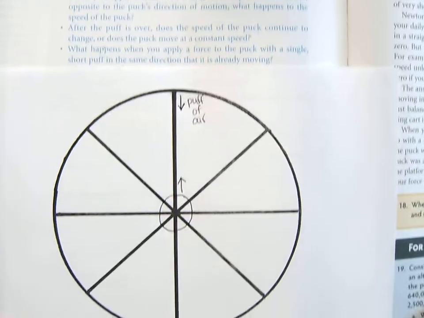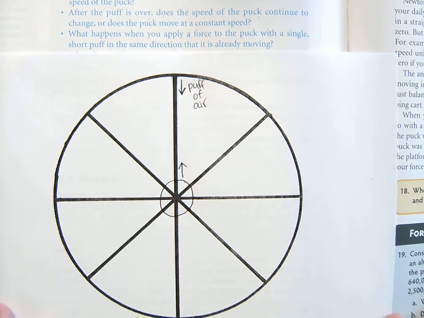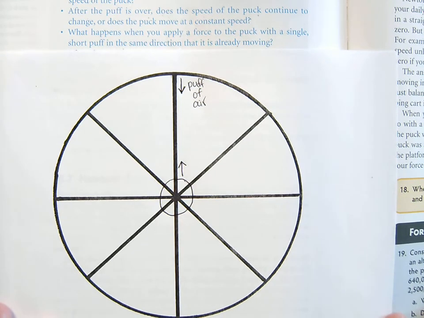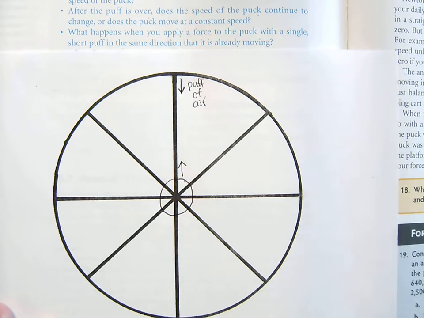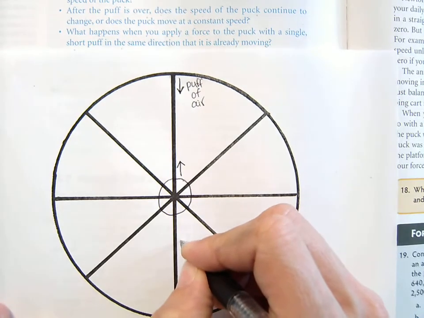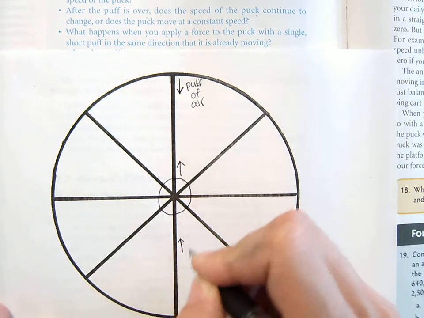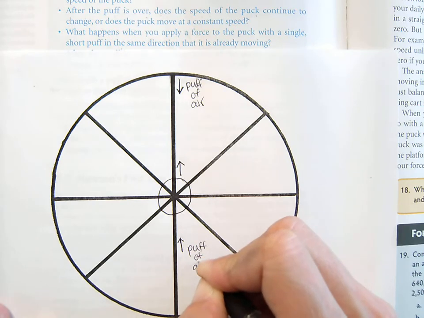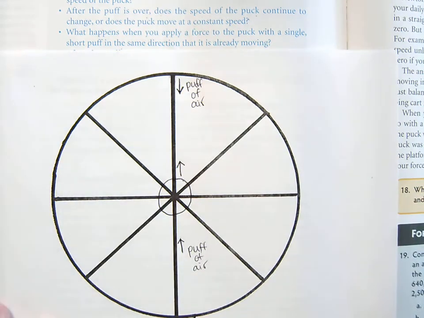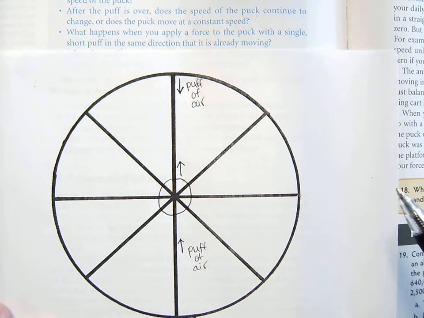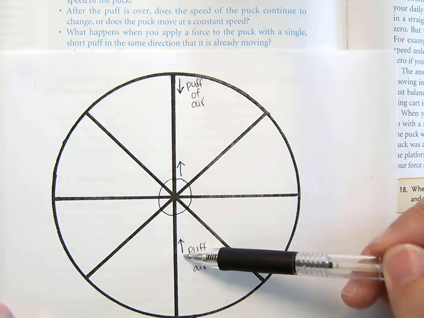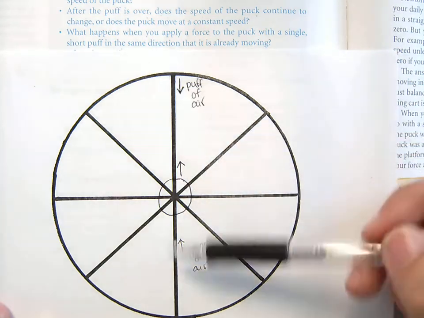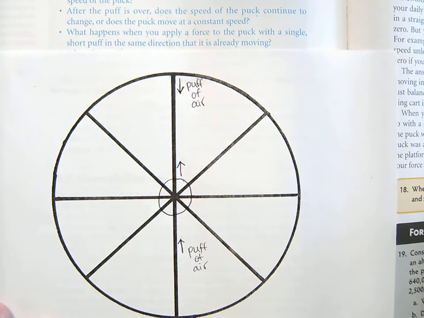The next one says, what happens when you apply a force to the puck with a single short puff in the same direction that it's already moving? So now we come over here and we apply a puff of air in this direction. So it says, what happens? Well, as logic would have it, and you're pretty logical people, applying a force in the same direction as the motion of the puck will cause it to get a little bit faster.